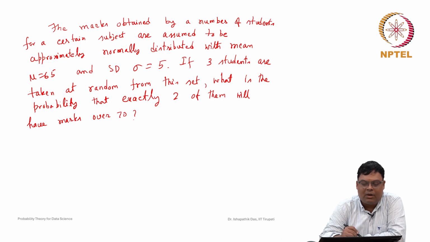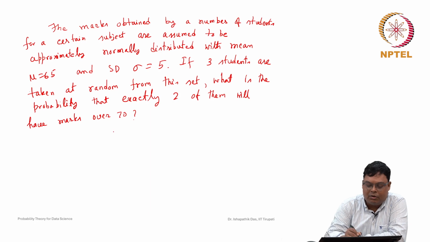Here we have to use not only the normal distribution, but also the binomial distribution. Suppose X is the random variable, the marks obtained by the students, and X is normally distributed with mean 65 and variance 5 squared, which is 25.